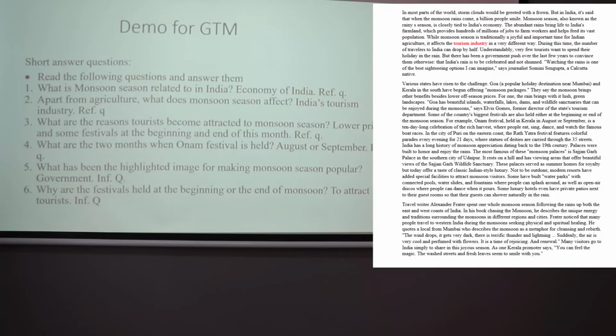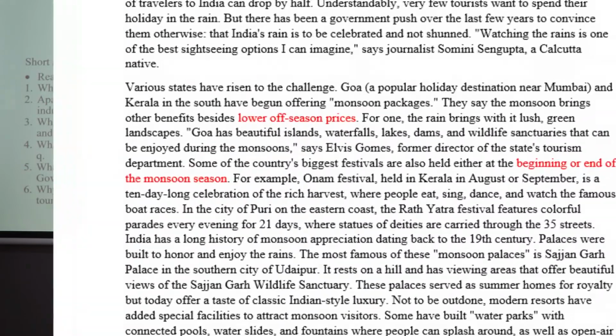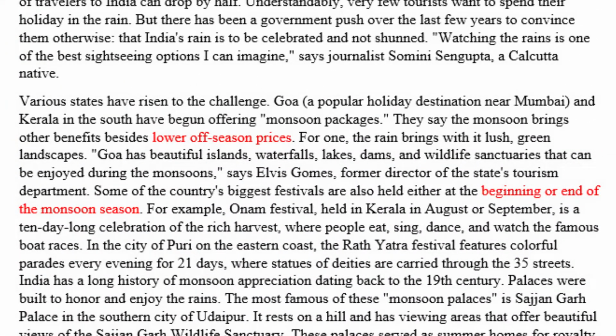Question number 3. What are the reasons tourists become attracted to monsoon season? If you pay attention to the reading passage, you can find there, because of the lower prices, people, especially tourists, are attracted to this season.